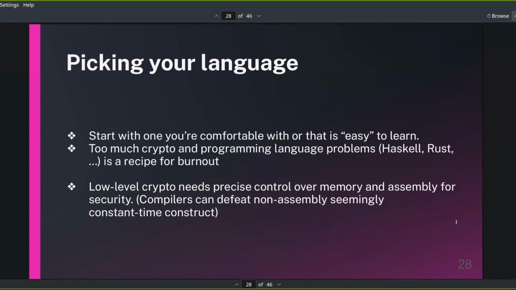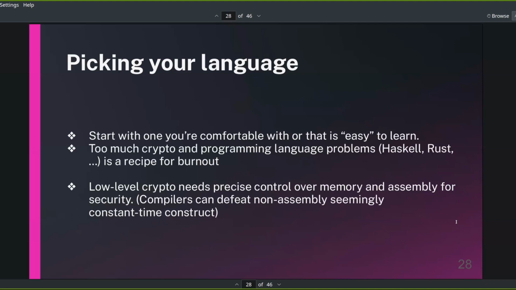After finishing my first baseline, my first prototype, I just said, okay, I'm stopping this. This is too complex. So first, start with something you're comfortable with or that is easy to learn, because cryptography is a big problem. It's a big domain space.